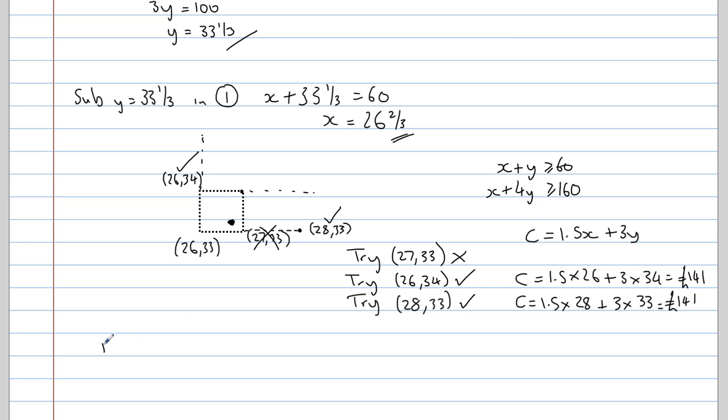So the minimum cost equals £141. And that is either at x equals 26, y equals 34, or x equals 28, y equals 33. You don't need to give both answers, either one of these would be fine.